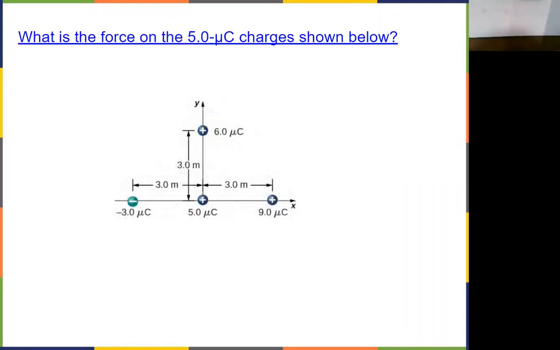This one is asking you what's the force on the 5.0 microcoulomb charge. There are 4 charges here. It's asking you for the force. Force is a vector, so that means you probably want to give the magnitude and the directional angle, or maybe express it in vector form with x, y, z components.